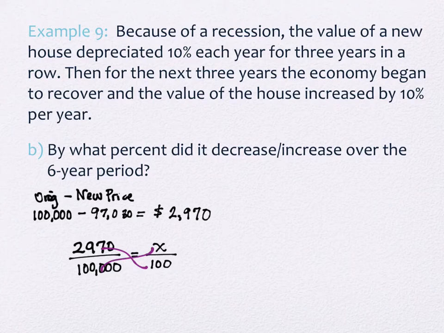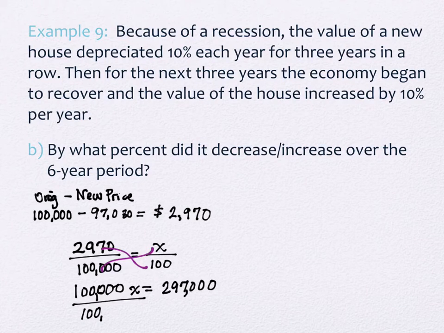We can cross multiply, and we have 100,000 x equals 29,700. So 297,000. And if I divide, this is why the actual amount didn't matter, is because we end up using it again in the problem to find the percent, and it eliminates itself from the actual process.